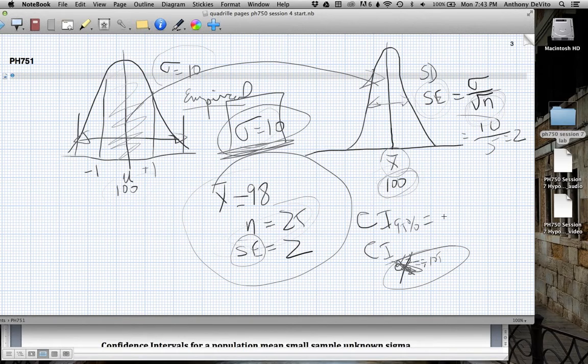Okay, so we can calculate a confidence interval based on what we understand about samples. 98 is what we know, x bar, plus or minus. Since we think the mean is 98, we know how variable these samples can be, because we know the standard error.